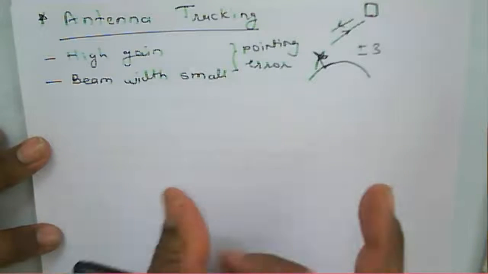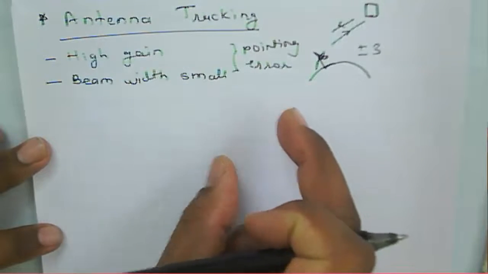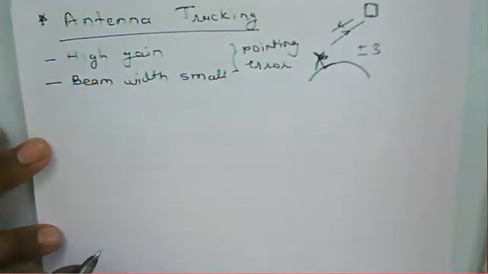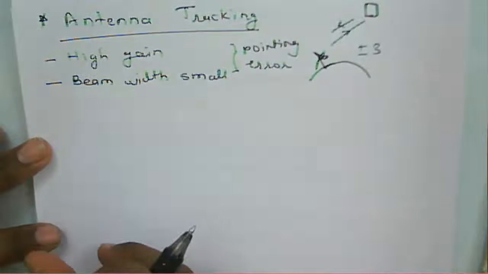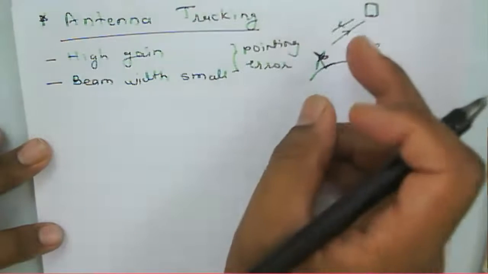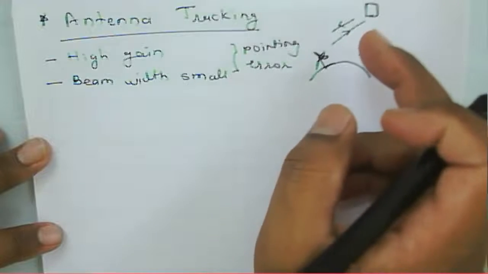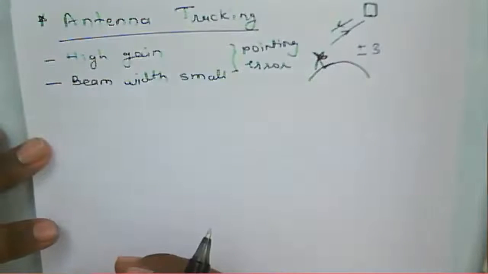Now, in the case of an Earth station, if it is smaller, then we need to track the satellite. Once we are tracking the satellite, we are able to receive a higher signal level, and we are able to transmit the signal.